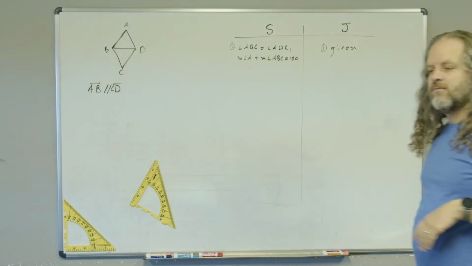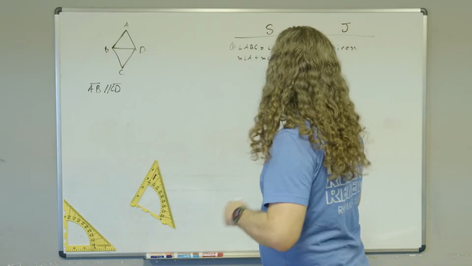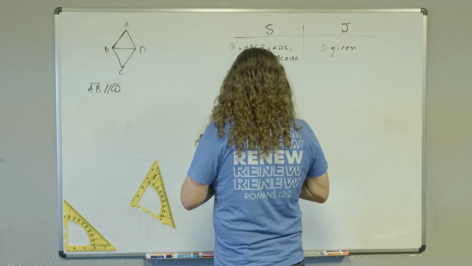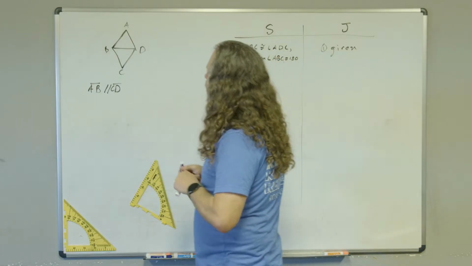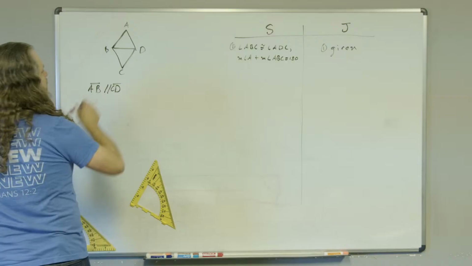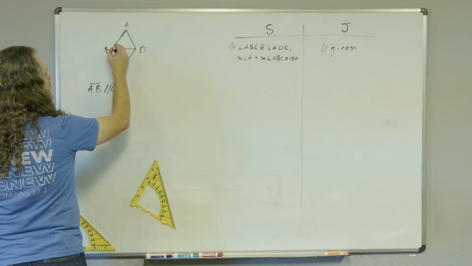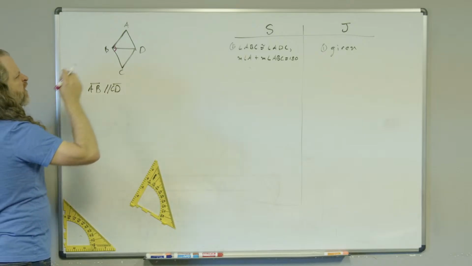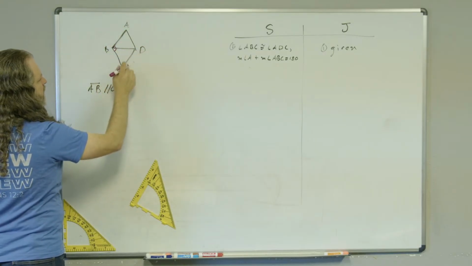Mark the picture. So, angle ABC, this one, is congruent to angle ADC, this one.